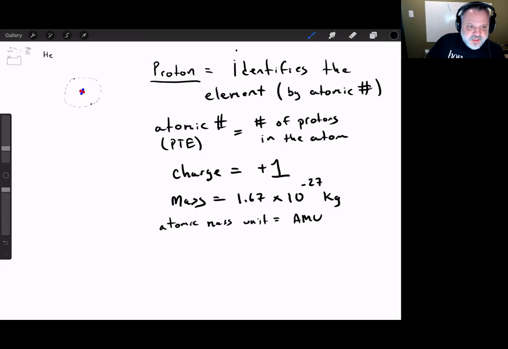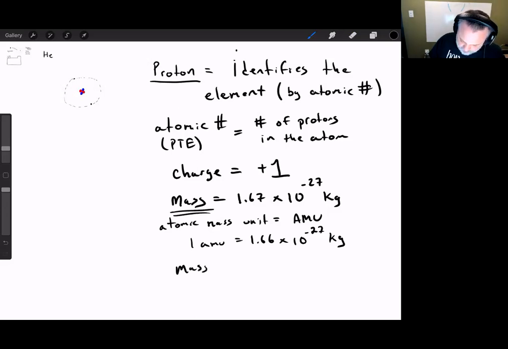And so we'll say that one atomic mass unit is equal to essentially the mass of the proton. So at the order of the significant figure of 1, we'll say that the proton has a mass equal to 1 AMU.